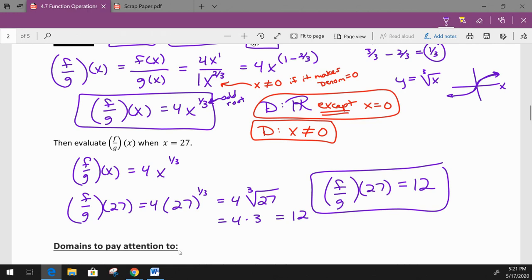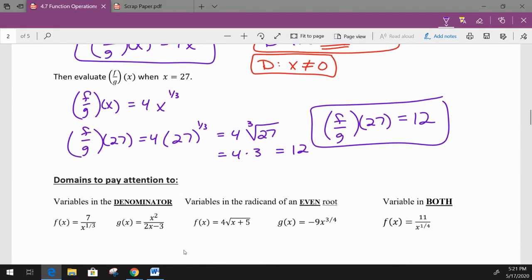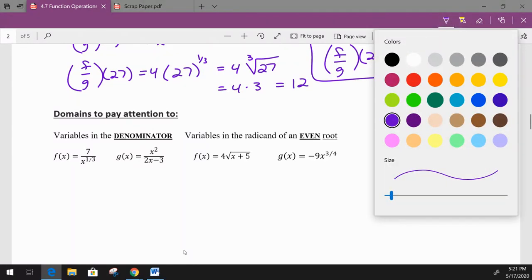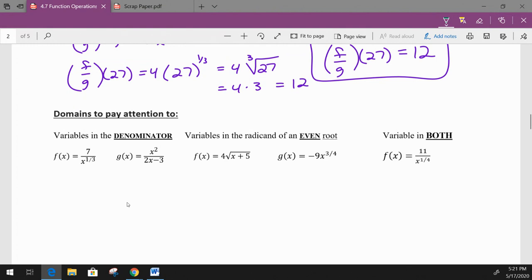Okay, so I do have a special area here where I have different domains that you need to pay attention to. This is the hardest part usually for most students. So I've broken it up into 3 categories, starting with variables in the denominator. Here are a couple examples where we have a variable in the denominator. If all you have is x to the 1/3 power in the denominator, the only value that would make that denominator equal to 0 is 0 itself.